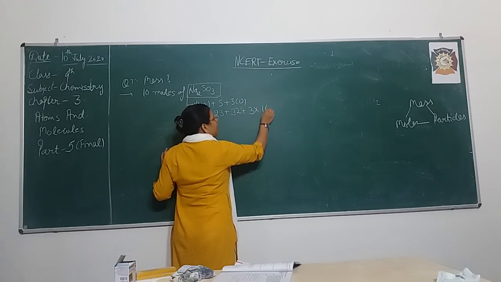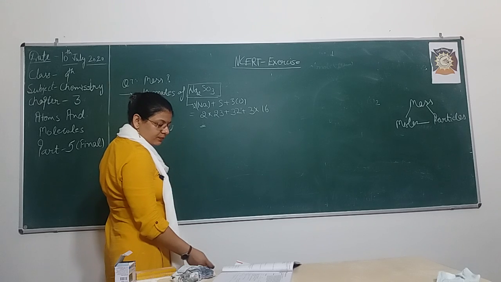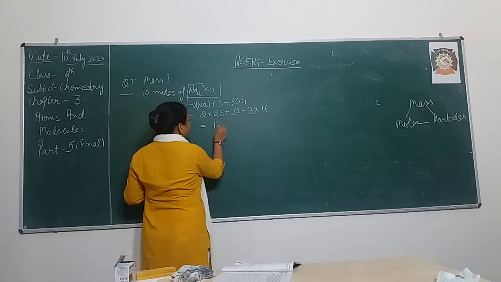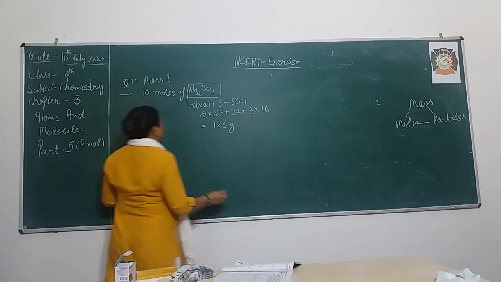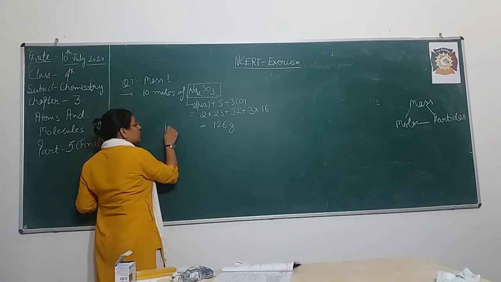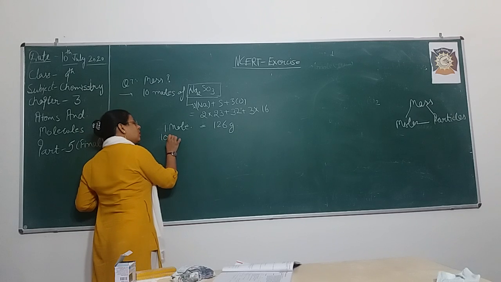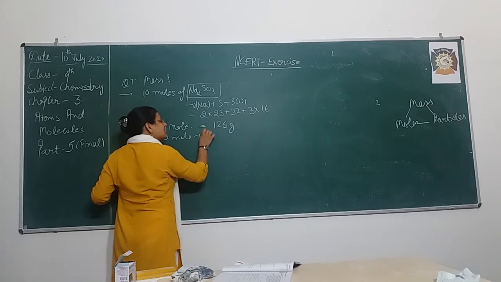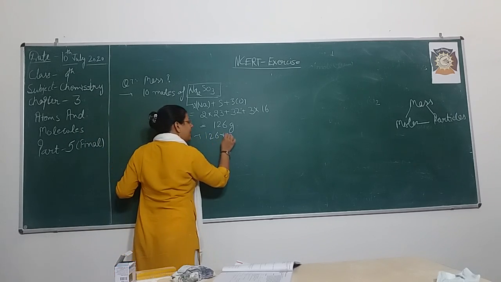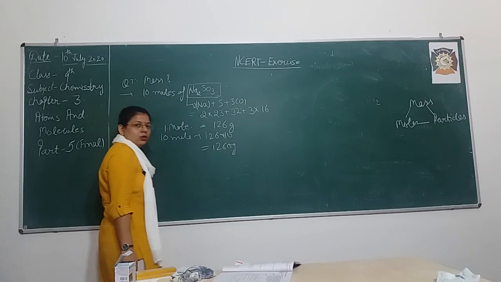Oxygen is 8 atomic number and 16 mass. So the overall result is 126 grams. This molar mass is equal to 1 mole of sodium sulfite. So for 10 moles, the mass is 126 multiplied by 10, so 1260 grams is your answer.